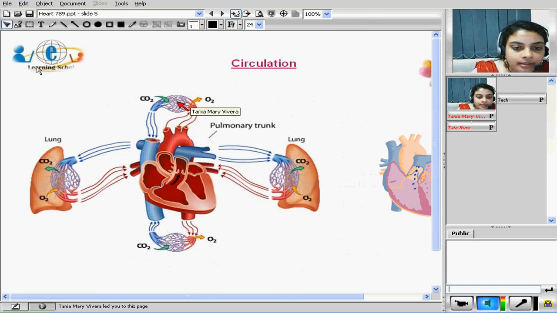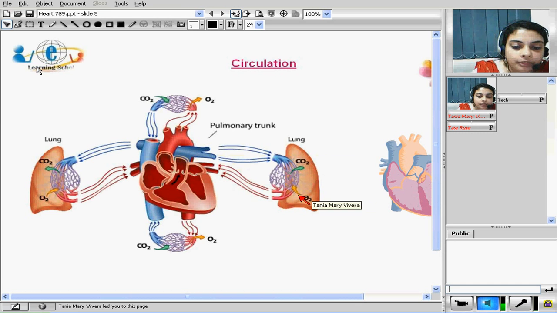Here you also see a picture where the impure blood is collected from the different parts of the body. It is taken to one of the chambers of the heart. You see the part? Yes, I see it. There are different chambers inside the heart. It's like rooms in your house. So the impure blood goes to the right chamber of the heart, and from there the blood is taken to the lungs where it is purified.